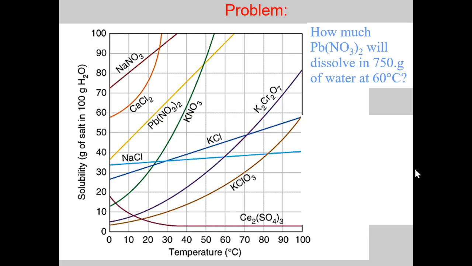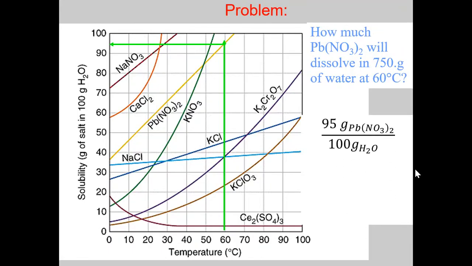So how'd you do? So the first thing we got to do is find out what that intersection is. So we're going to take our 60 degrees, run it straight up to the line for potassium nitrate, run the line over, and that looks like it's really close to 95. I'm going to call it 95. I have 95 grams of potassium nitrate that will dissolve in 100 grams of water. But I don't have 100 grams of water. I have 750 grams of water.